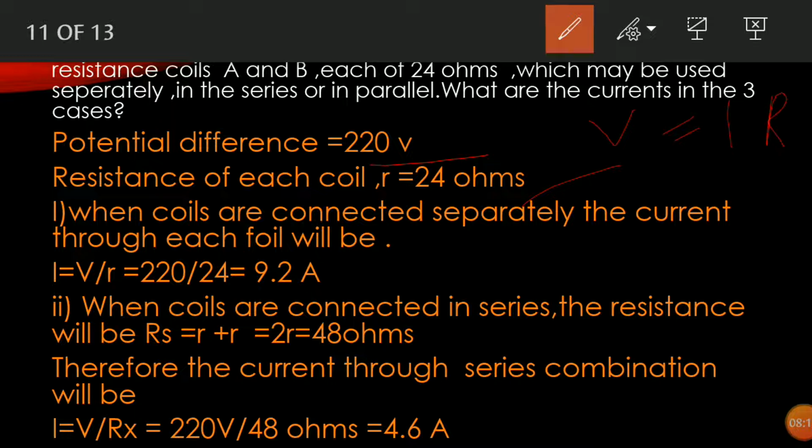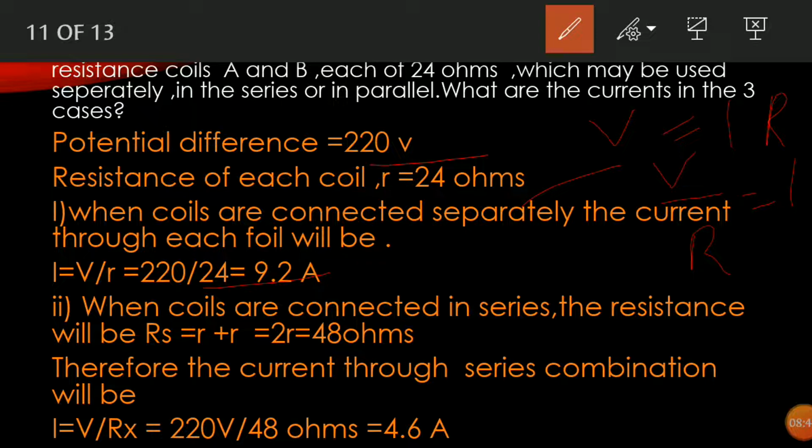So, to calculate the current, V by R is equal to I. Let's replace the given values. So, 220 volts by 24 ohms is equal to 9.2 amperes. So, for the potential difference of 220 volts and for the resistance of 24 ohms, we get a current of 9.2 amperes.